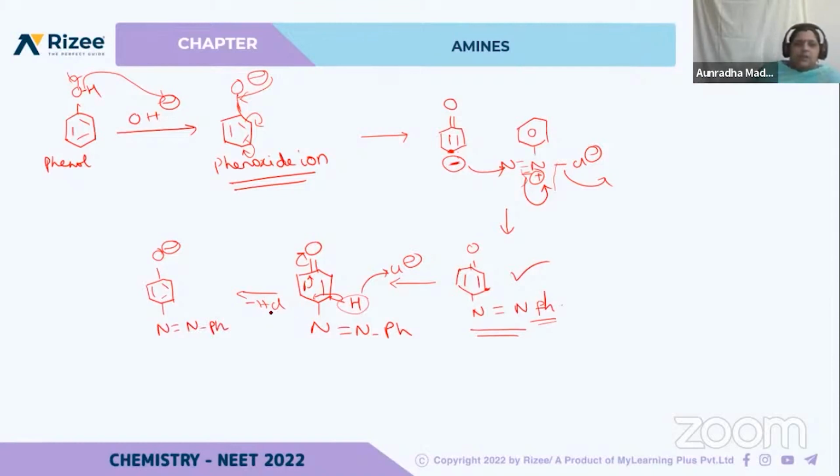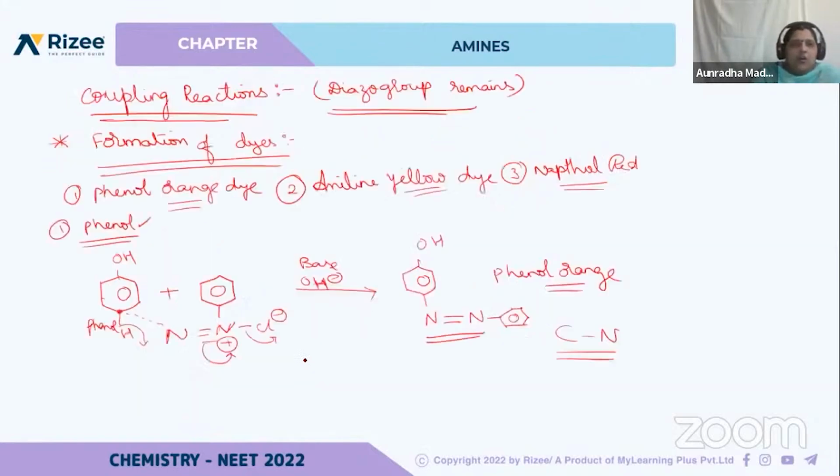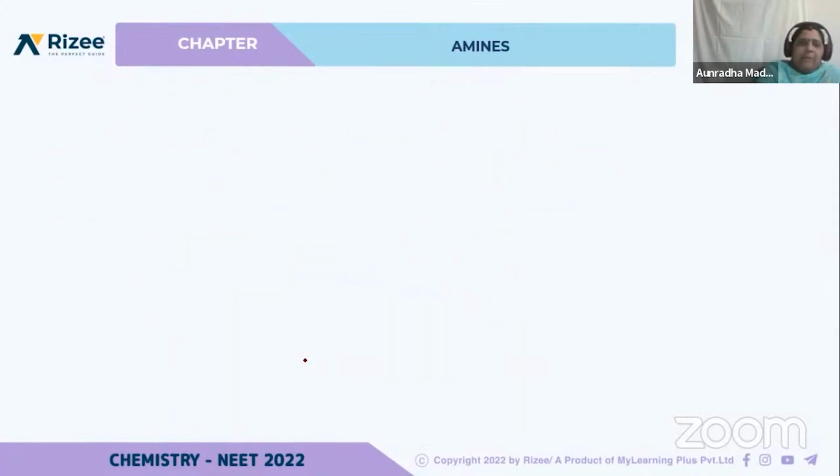Then again the hydrogen will come and hold this O minus: OH, N double bond N, Ph. This is our phenol orange dye. Let's quickly look at aniline yellow dye and naphthol red dye. The mechanism will be the same for the remaining two also.